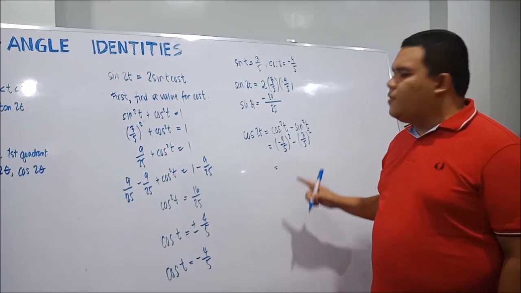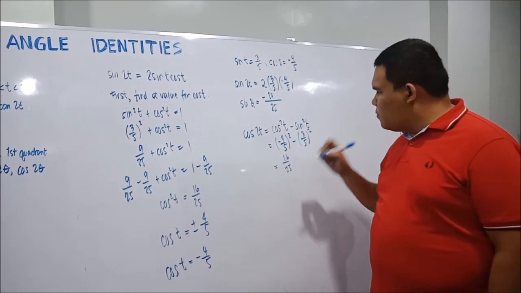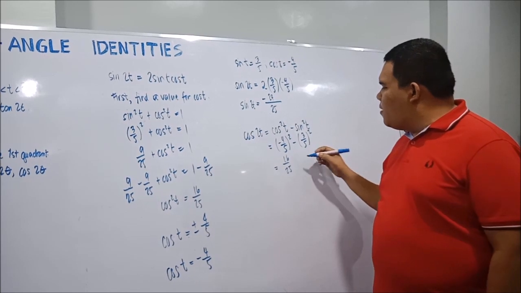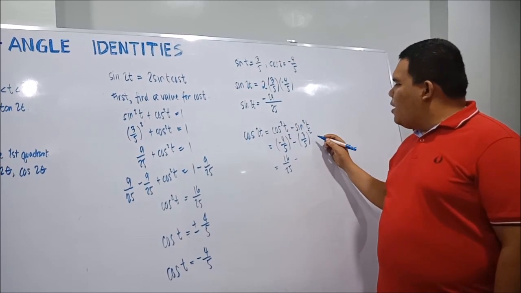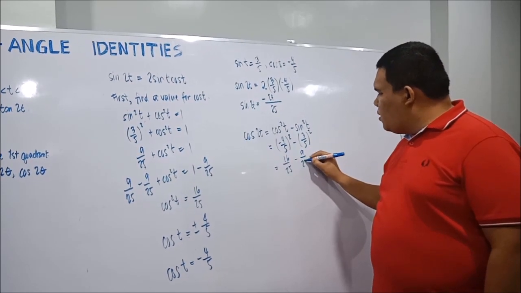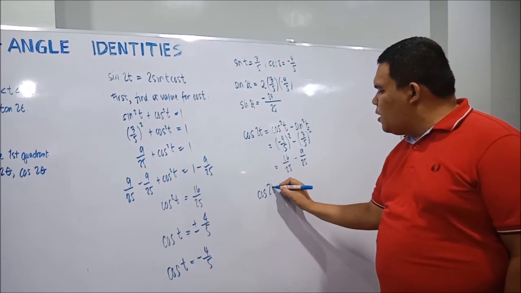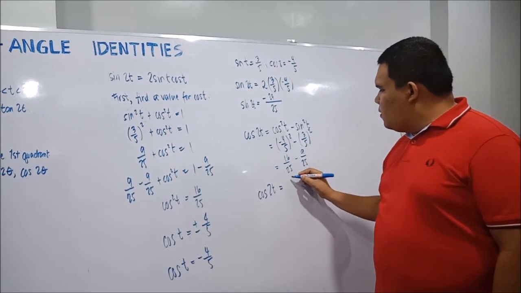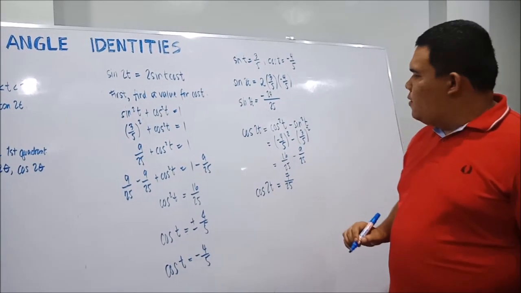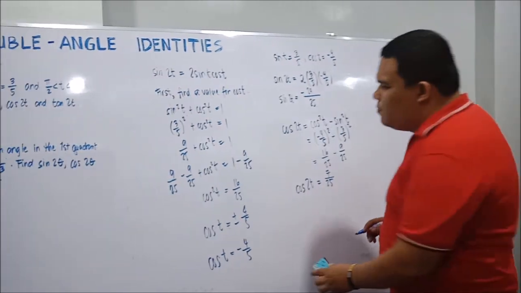So negative 4 over 5 squared is 16 over 25, a positive since it is raised to the power of 2, minus 3 over 5 squared, that is 9 over 25. Simplifying, the value for our cosine 2t is 7 over 25.